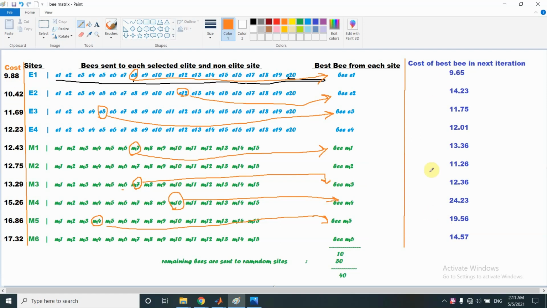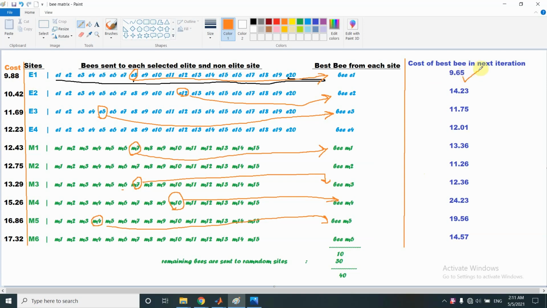We will only update the bee if it has got a better cost than the previous iteration. For example, for site E1, the previous cost was 9.88, but now the best cost is 9.65, which is clearly better than the previous cost.